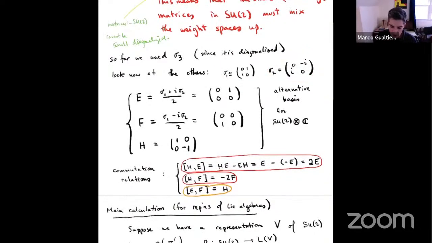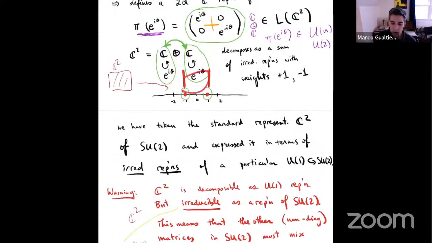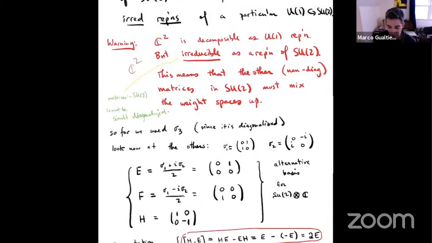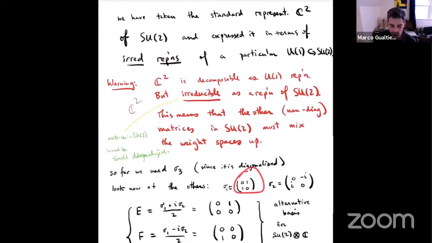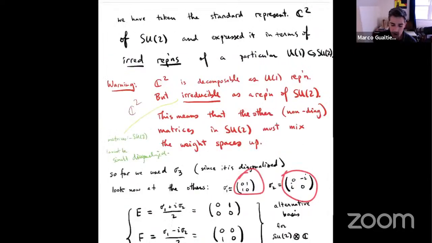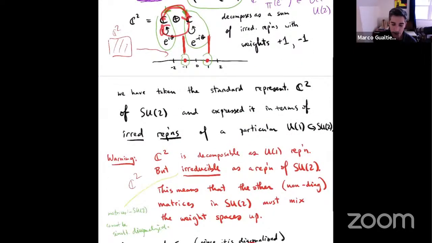I want to know how sigma 1 acts on these weight spaces. But the problem is that the way the matrix looks is complicated, because sigma 1 takes this to this and this to this, but sigma 2 also does the same thing. It takes this to I times this and so on. So it's a little bit confusing.